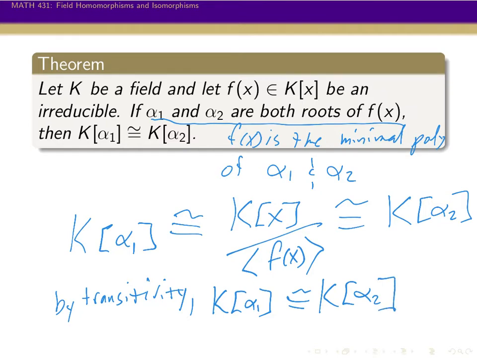Anytime you have two algebraic elements that are roots of the same minimal polynomial, then K adjoin either of those roots gives two extensions that are isomorphic to each other. And the natural isomorphism between them sends alpha 1 to alpha 2.